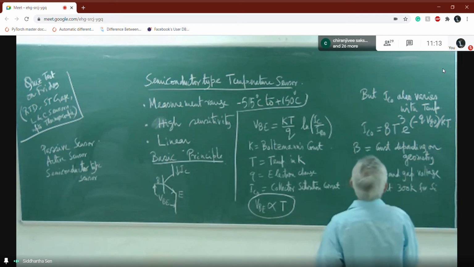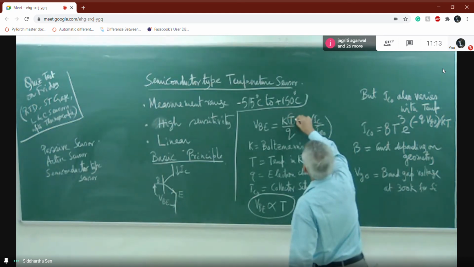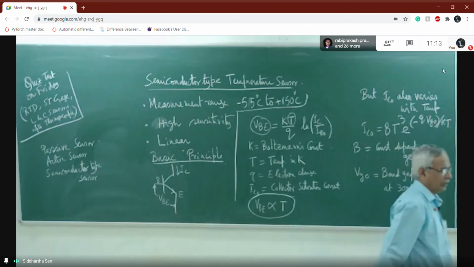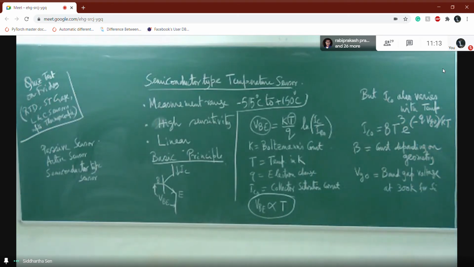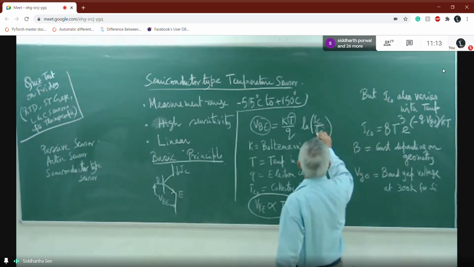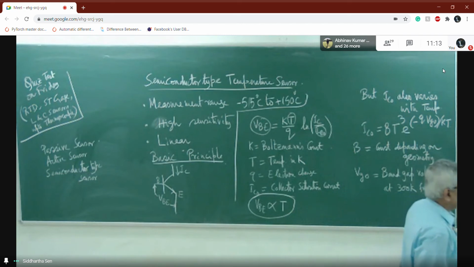So what we wanted to say is that it looks to be perfectly linear, provided all of them are constant. But the point is that this IC0 is also varying in a complex manner with the temperature.